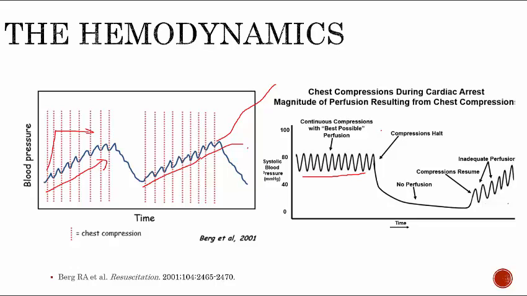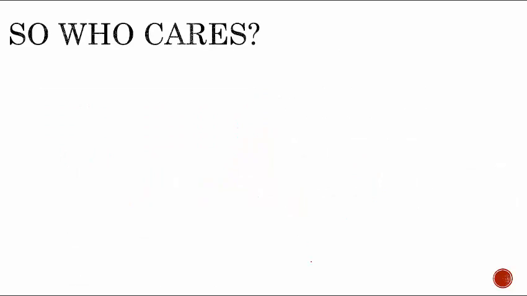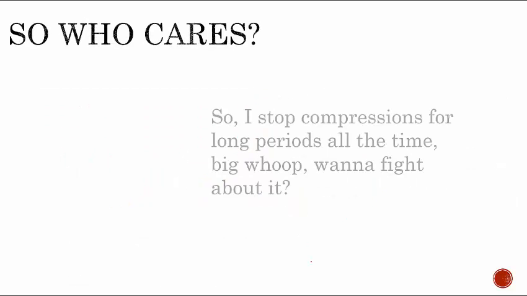When you stop compressions, you quickly plummet down to nearly nothing. And when you get back on the chest, you don't go right back up to 80 over 60. You have to work for it again. So this model is incredibly important for the discussion we're going to have today. All right, so the question comes, who cares?